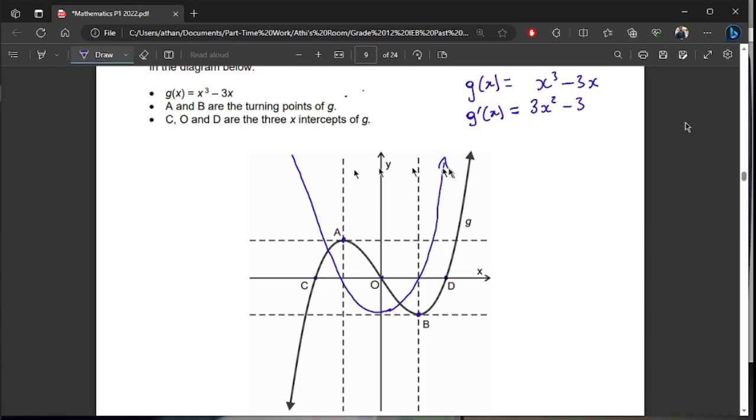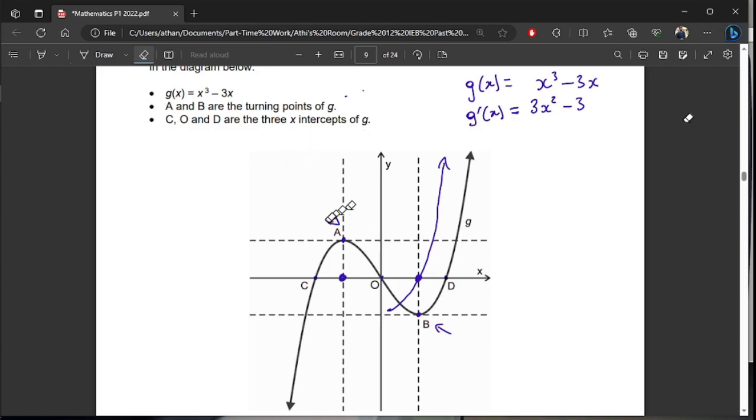So this is my sketch of the first derivative. Now I'm saying to you, in the sketch of the first derivative, the x-intercepts will be the x values of the turning points of the cubic function. Okay, so we found our first derivative.